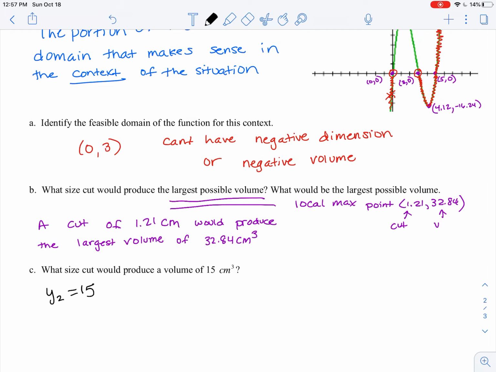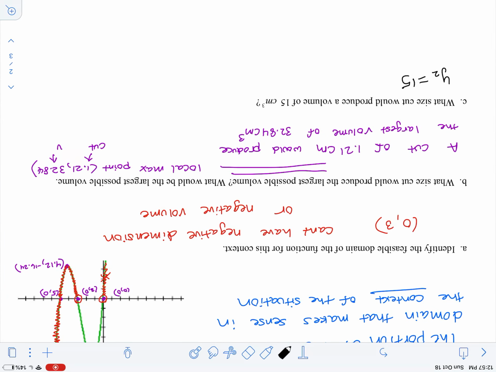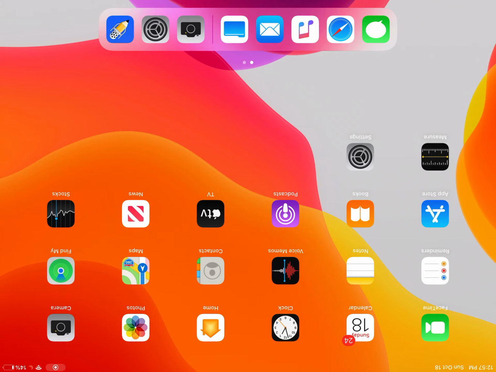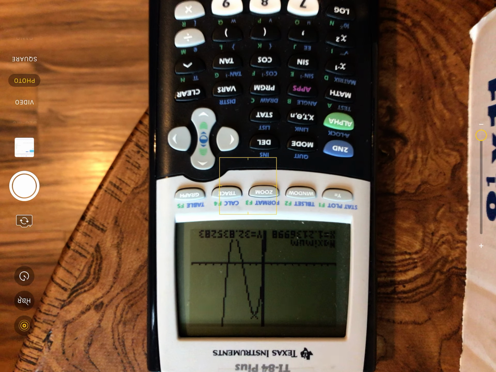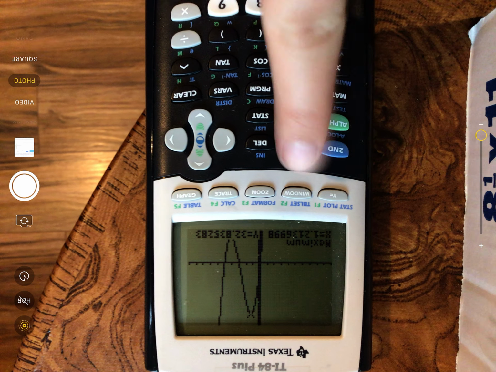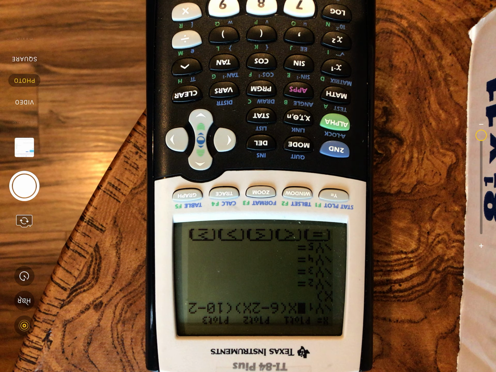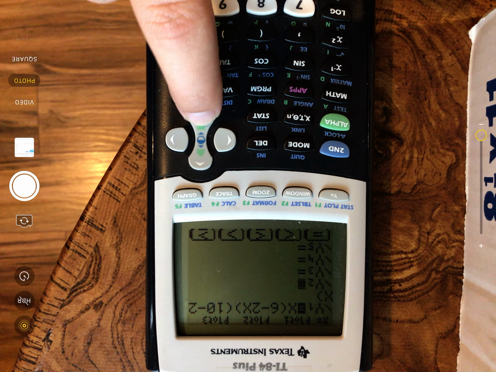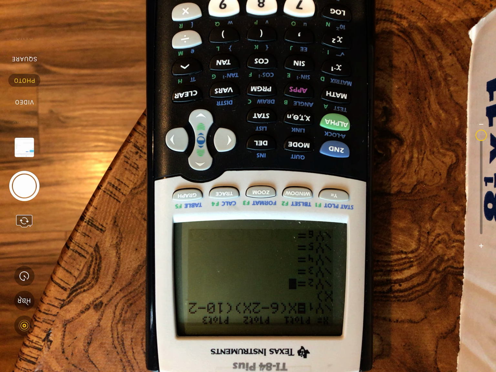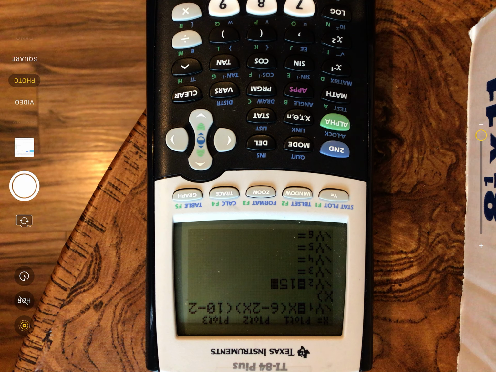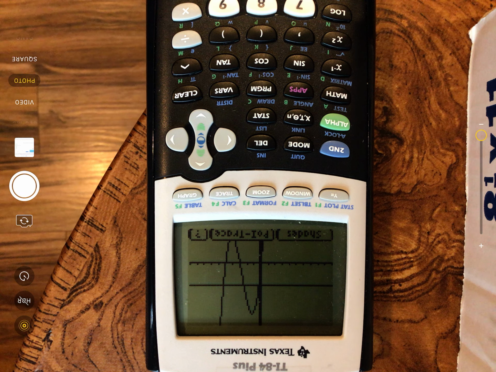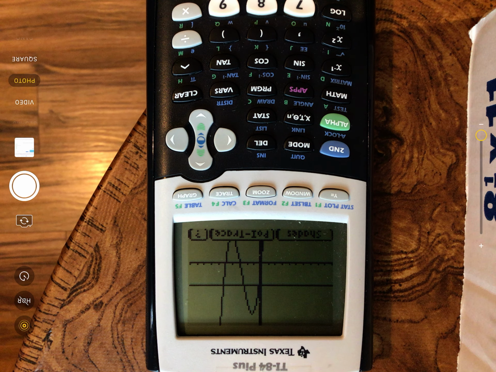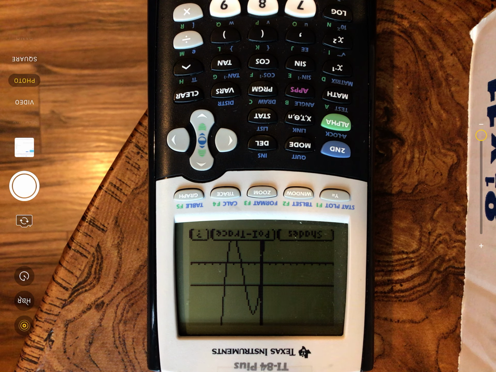So I'm going to go back into my graphing calculator here. Here it is, same function that we were looking at before. And I'm going to go into y equals. And I have my original function still. I don't want to get rid of that. But in y2, I'm going to look at what happens if y is 15. Where would that be? And so that's actually going to give us an idea specifically about where we should be looking.